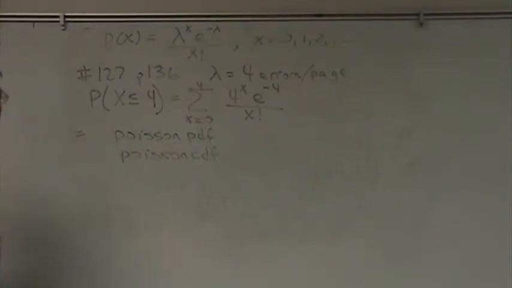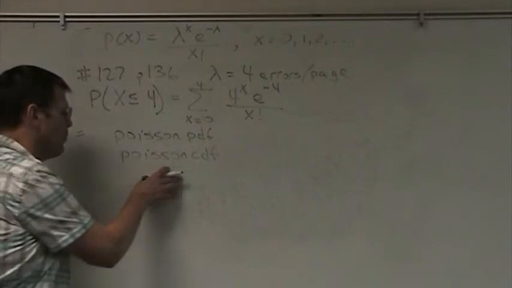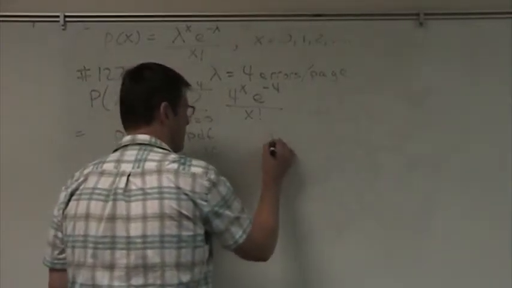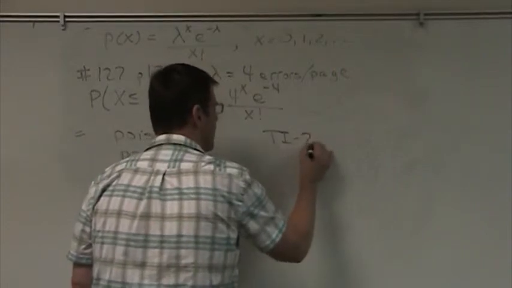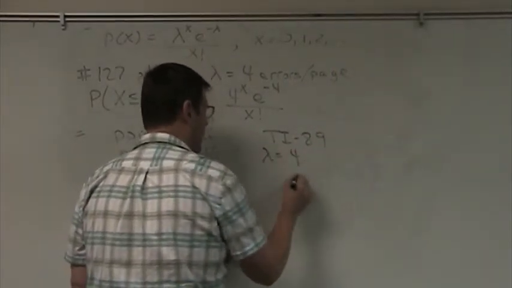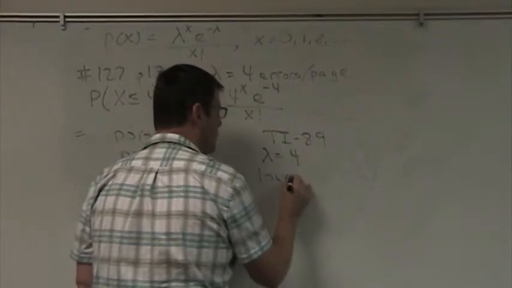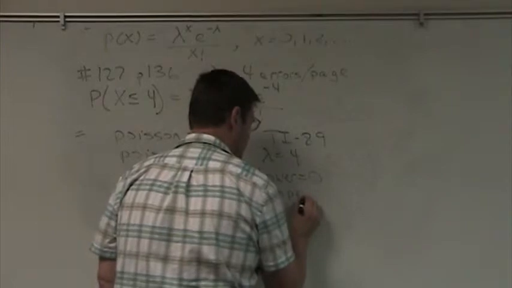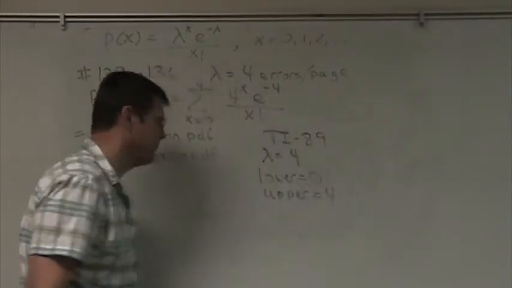So for those of you with the TI-89, like I said, you're getting your dialog box for this. So when you plug in the Poisson CDF, this is for the 89, you're going to put in lambda is equal to 4, your lower value is 0, and your upper value is 4.